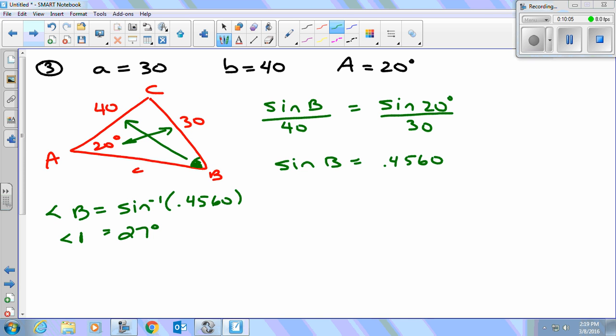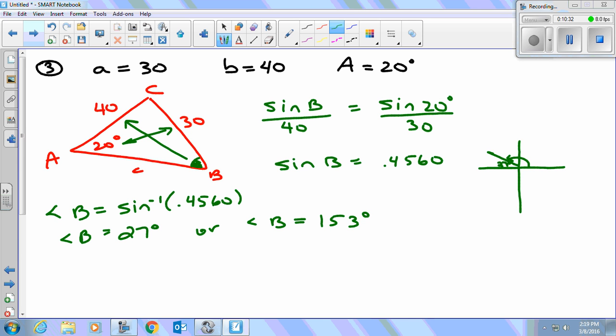But again, that is the acute angle. Sine being positive in quadrant 2 as well means that we've got another angle that will have the same sine, and that angle will be 180 minus 27. So angle B could also be 153 degrees.